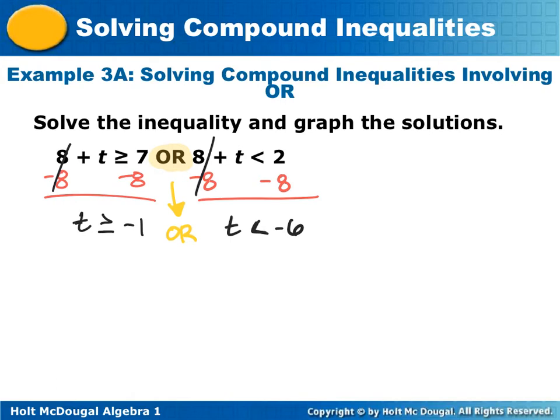Now, I'm going to show you why you can't write these together. Are y'all okay with that? So, as I look at this first one, if I were to try and write it like I was, I would have -1 is less than or equal to t. But then, what does this one say? T is less than -6.